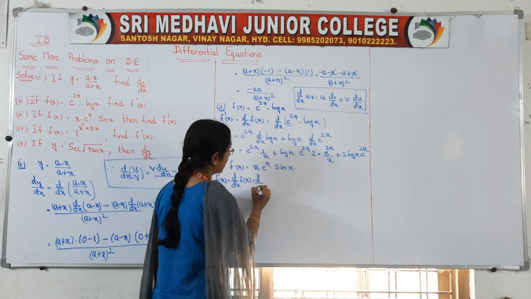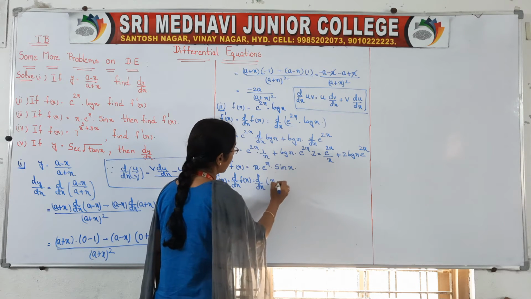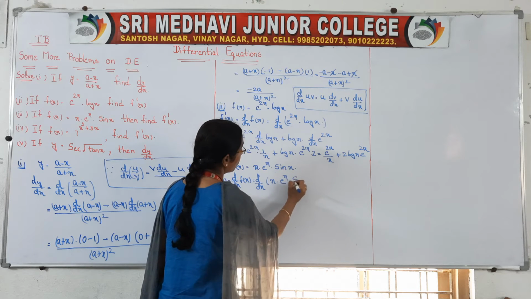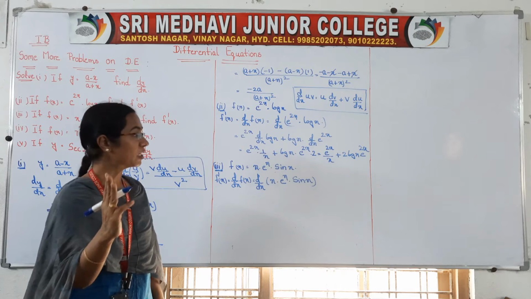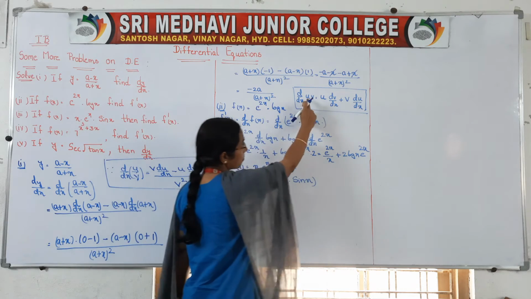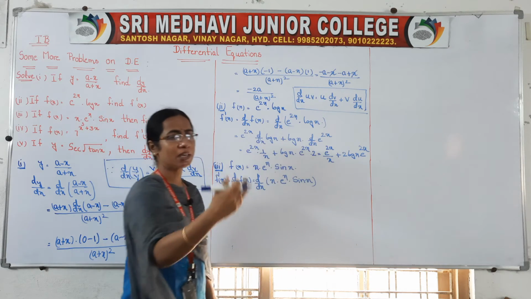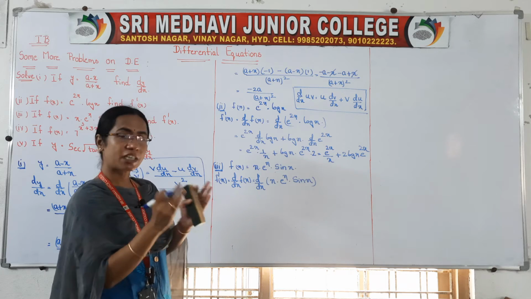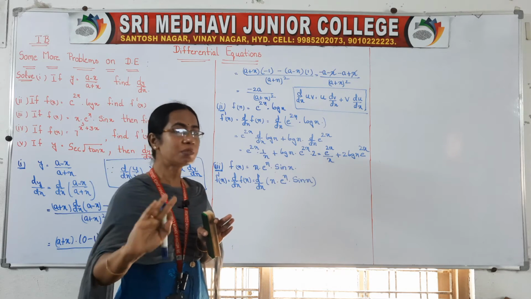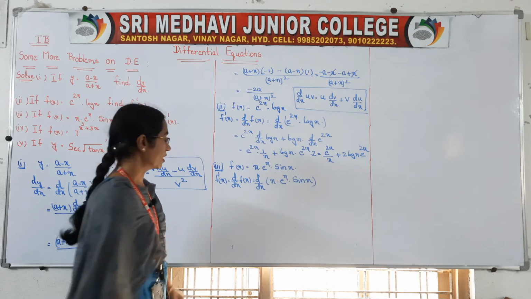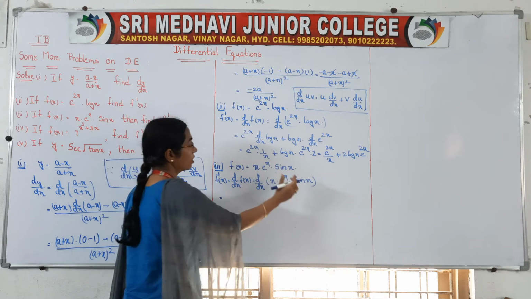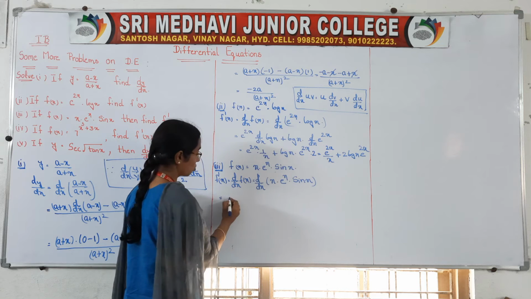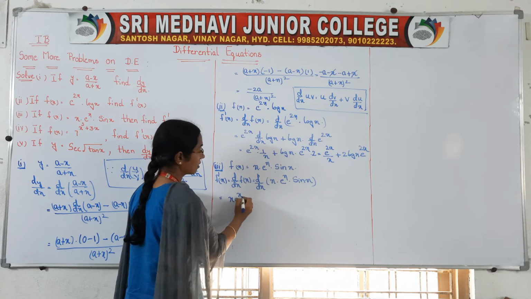So it is d by dx of x into e to the power of x into sin x. 3 terms, product of 3 terms. Here we got product of 2 terms, same thing, product of 3 terms. Differentiating one term, keeping the remaining terms as it is. That is the procedure. So how we will do? So come on, first you differentiate sin x, keep these two values as it is, right?